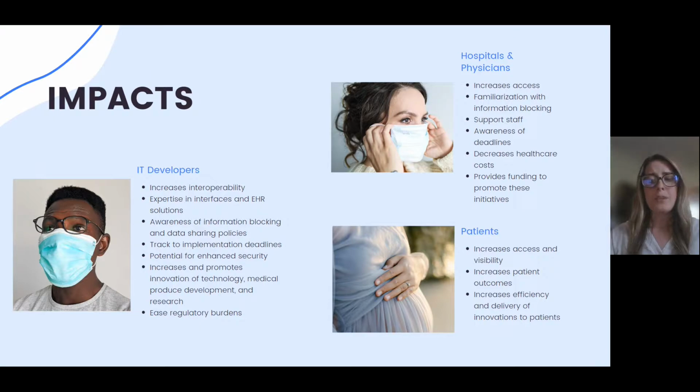And then upcoming on December 31st, 2022, we have the new HL7 FHIR API capability and other criteria that must be made available. And then finally, on December 31st, 2023, the EHI export capability must be made available as well. So there's a much more technical and in-depth timeline that I can send out after this presentation as well. Also, it decreases healthcare costs and provides funding to promote these initiatives for the hospitals.